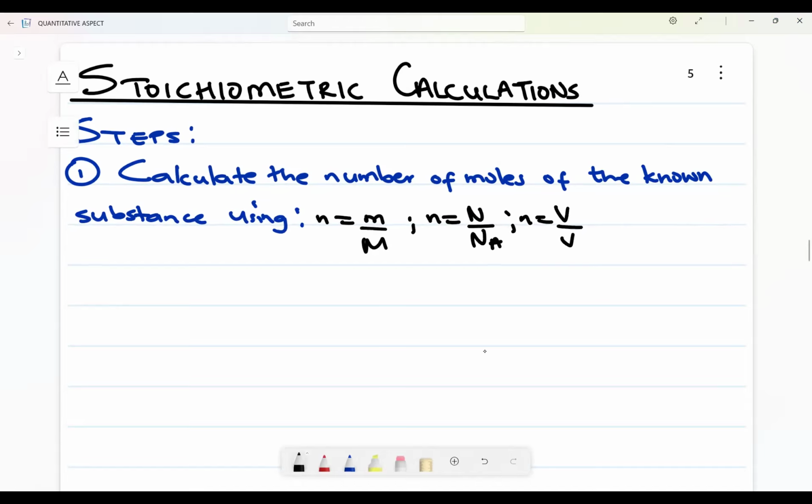Okay, this is step number one. Depending on the information that you are given, you're going to use one of these formulas.